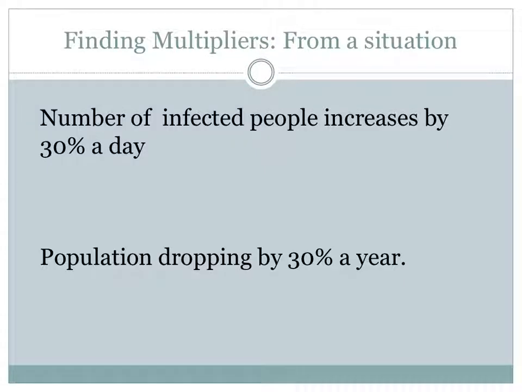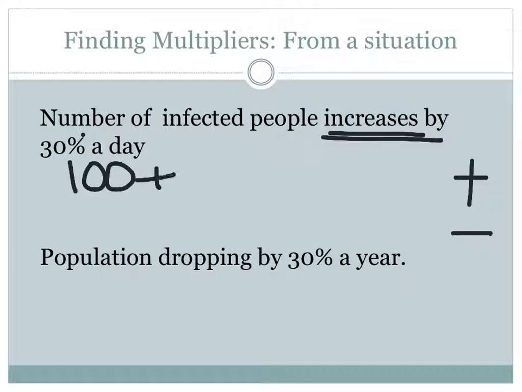If you're going from a situation, you have to think about whether you're talking about an increase or a decrease, and that's the first thing you're doing. I had it set up in a table for you on your work, but that's the process you want to do. I've got the number of infected people, it's increasing, so we take the original 100% and add it to the 30% that it's increasing by each day.